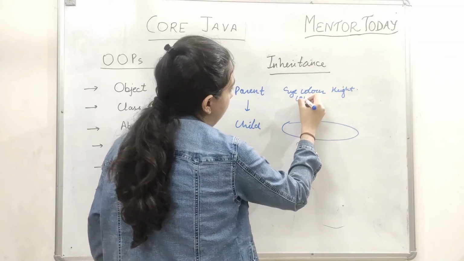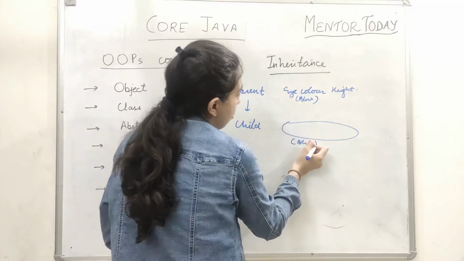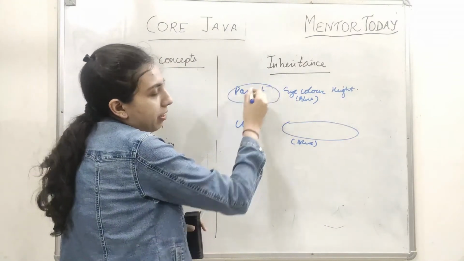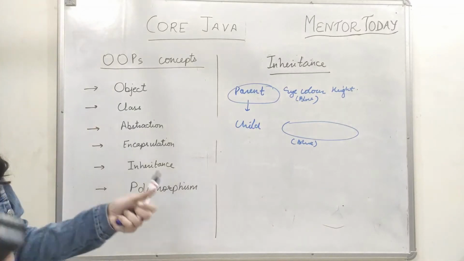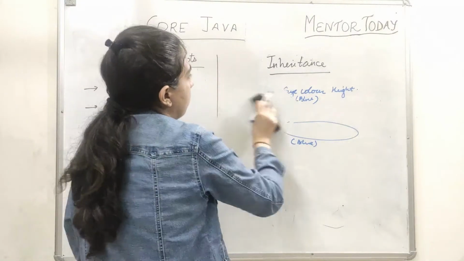Your father might have blue colored eyes, and maybe you also have blue colored eyes. So how did you get that? You inherited these properties from your parents. How Java exhibits inheritance, I will tell you, but the concept remains the same.